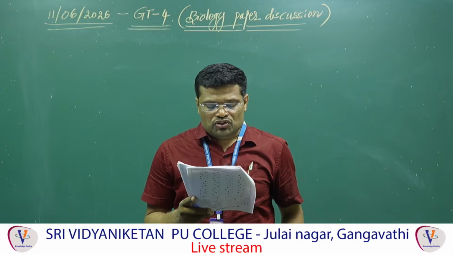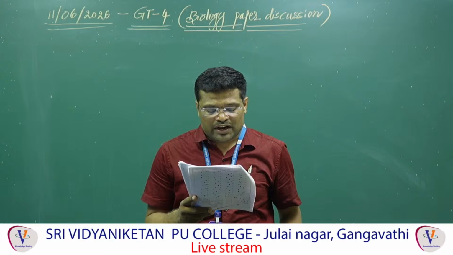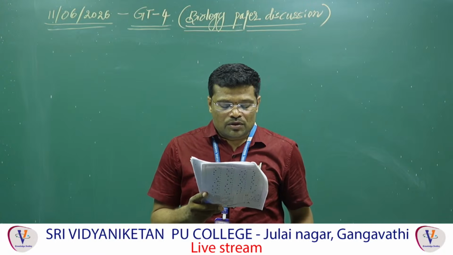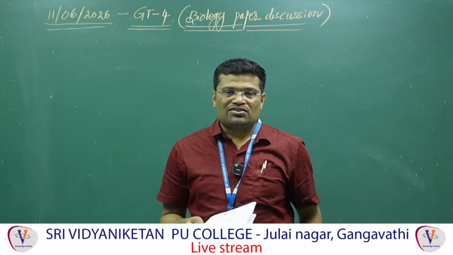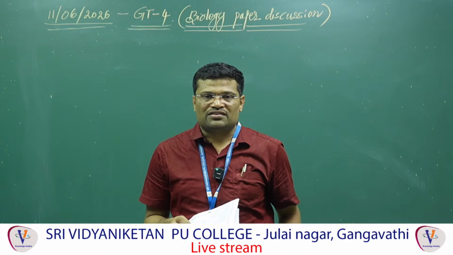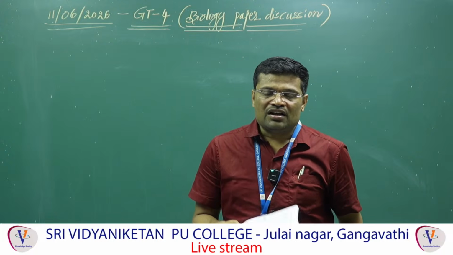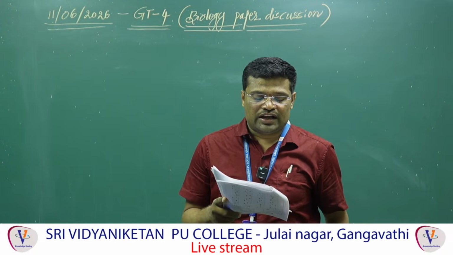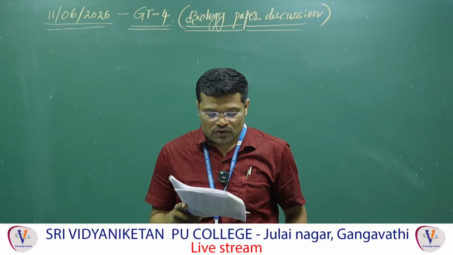Reason: parturition is induced by a complex neuroendocrine mechanism involving progesterone, cortisol, oxytocin, androgens. My dear students, no involvement of androgens. Androgens are male sex hormones. They do not play any role in initiation of parturition. Here assertion is correct, reason is incorrect. Answer is 4.